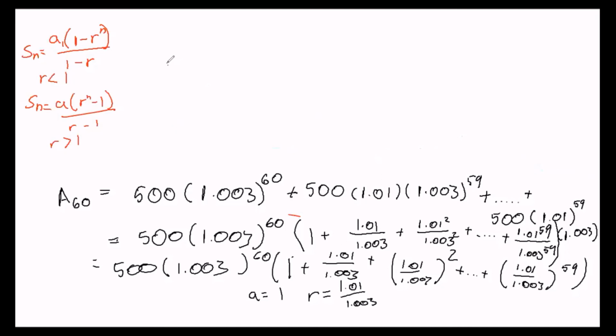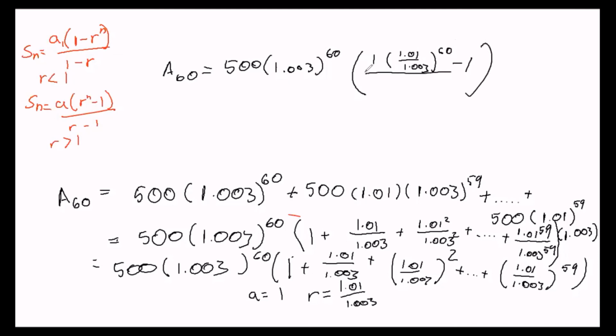A60 equals 500 bracket 1.003 to the power of 60 bracket, and then we're going to use this formula over here: 1 bracket 1.01 all over 1.003 to the power of 60 minus 1, all over 1.01 over 1.003 minus 1. And then from there, you can put that into your calculator and you'll actually get a solution.